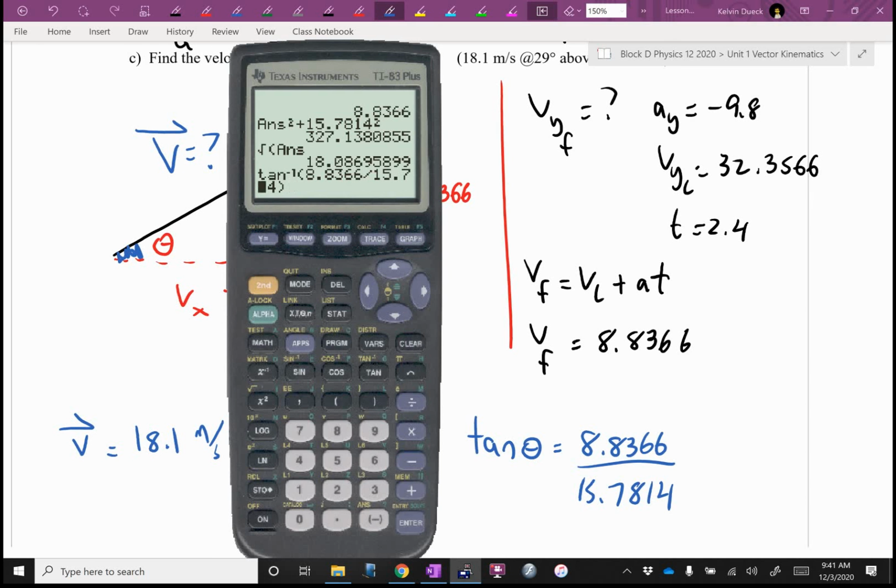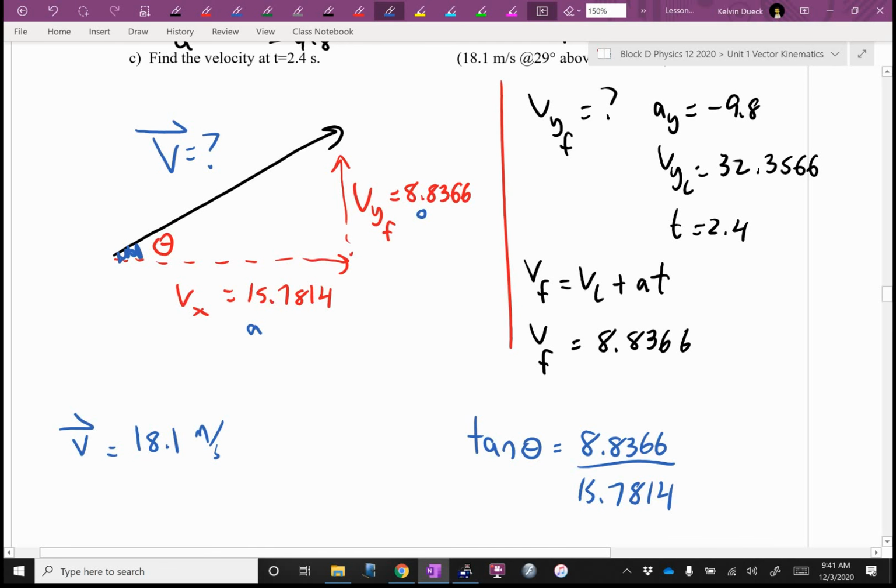I missed the 1, 7, 8, 1, 4. 29 degrees? 29.2, 29 degrees. And this is where, because we're looking at it from the side, we call this above the horizontal.